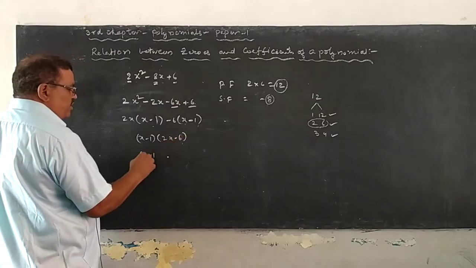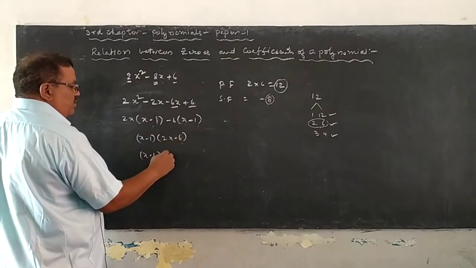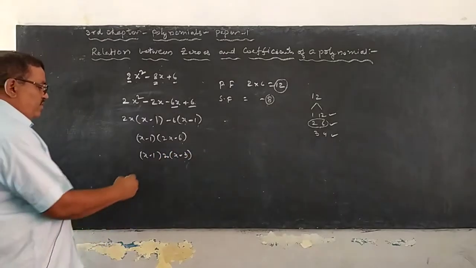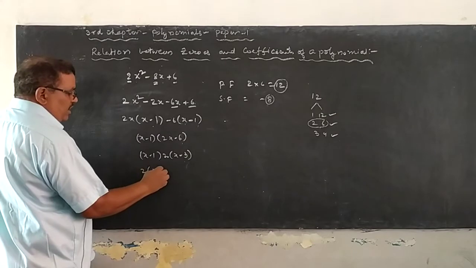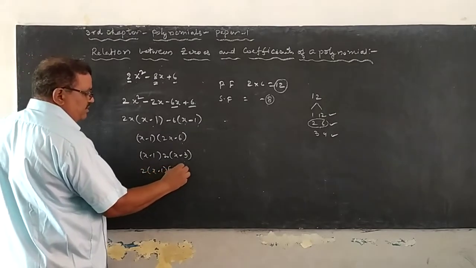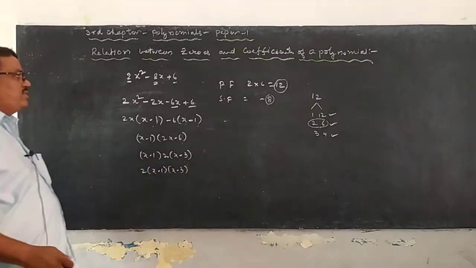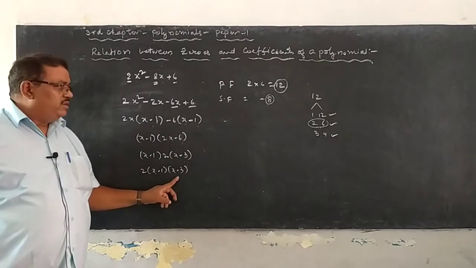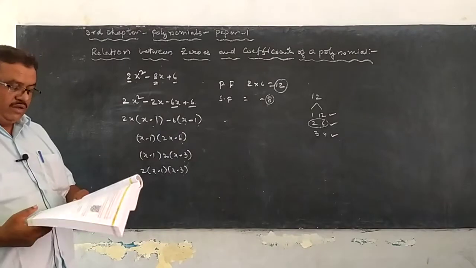In the two terms take 2 as the common factor, you get x minus 3. Finally 2 into x minus 1 into x minus 3. So the zeros of the given polynomial are 1 and 3.